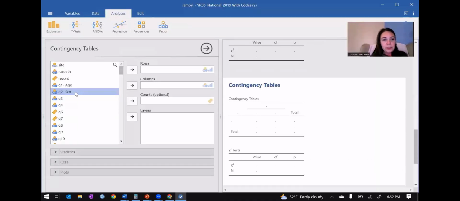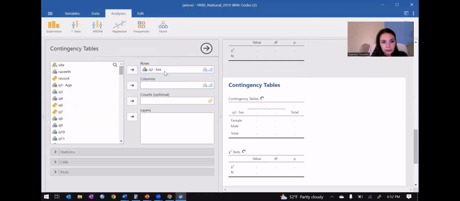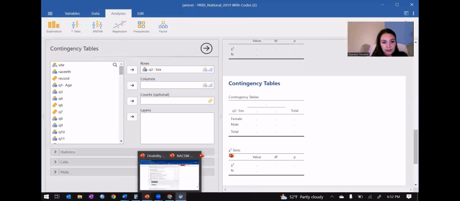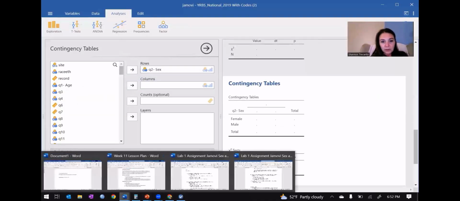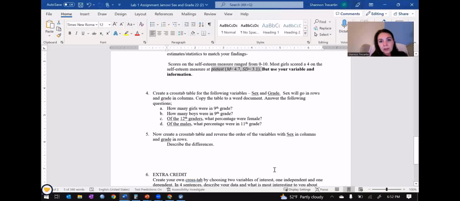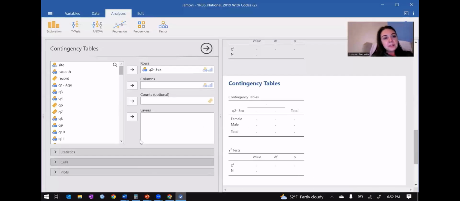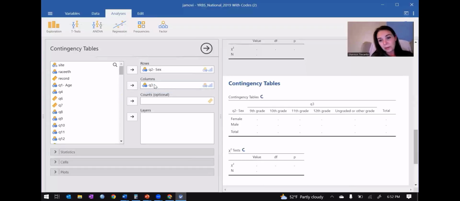I'm putting sex in rows. And the next one was, let's see what the variable was. And grade. Okay, grade is Q3, I believe. So let's pull that in there. We could label that. Yes, Q3 is grade. Okay, so you have sex in rows and you have grade in columns.